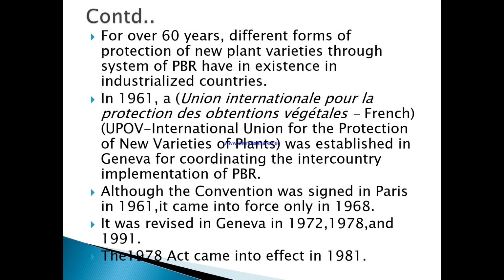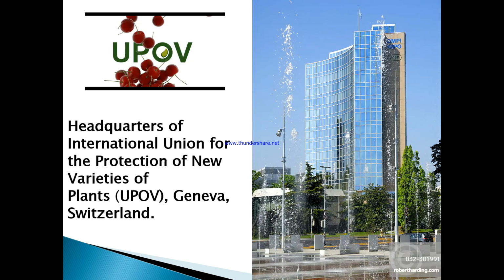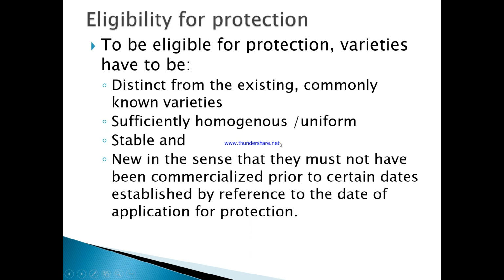Although the convention was signed in Paris in 1961, it came into force in 1968. It was revised in Geneva in 1972, 1978, and 1991. The 1978 Act came into effect in 1981. Here is the headquarters of UPOV in Geneva, Switzerland. This is the administrative building.